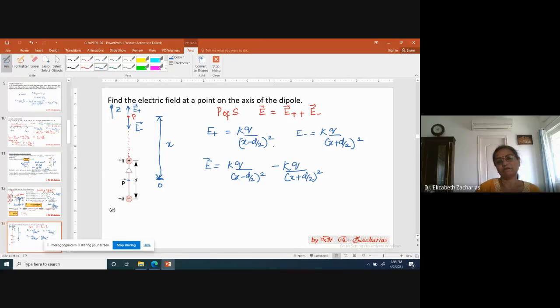Which will dominate? So finally, the electric field will be in which direction, up or down? Upwards. So look at the denominator and tell me whether E plus is going to be greater or E minus is going to be greater.